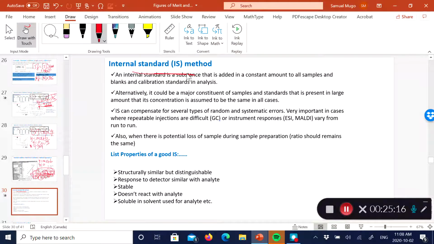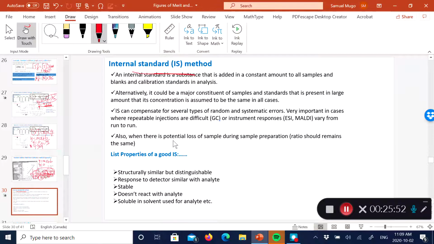Now, it's also meant to correct for sample preparation irreproducibility. Meaning, you take a sample and you take it through different sets of steps, like what you guys did with the iron lab. You would take the sample and then react it with bipyridine to get a complex. And you did a series of dilutions. Remember, it's possible to have lost a little bit of your sample due to your analyte adsorbing onto the volumetric flask.